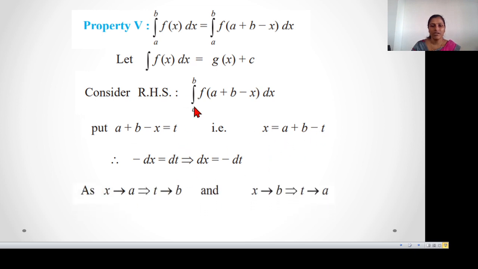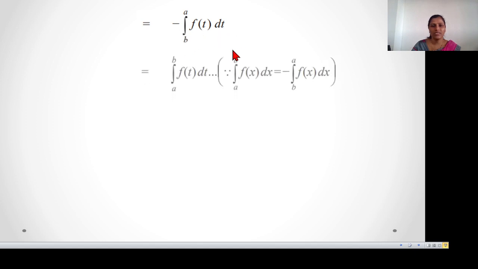Then our limits also get changed here. As x tends to a, t tends to b, and as x tends to b, t tends to a. So our RHS becomes the integral b to a f of t times minus dt. Then we keep the minus sign outside and the remaining term as it is.